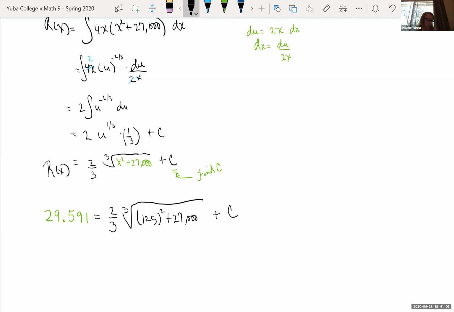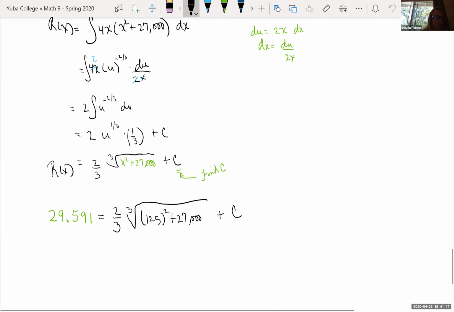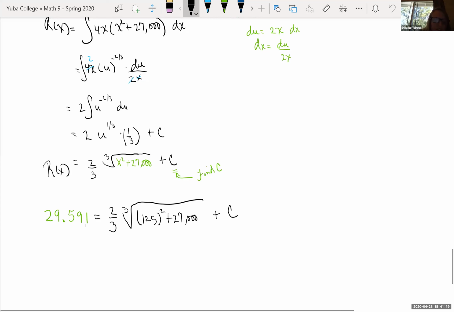So I'm going to square 125 and then add that to 27,000. And so that gives me 42,625. But I need to take the cubed root of that number.